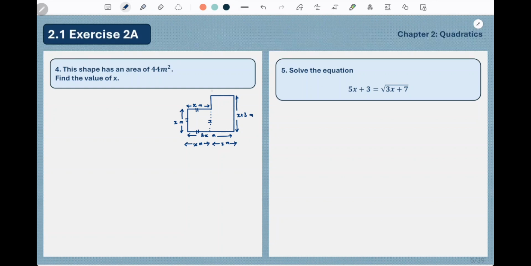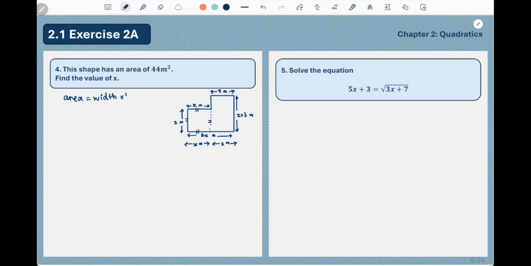So this one specifically is going to be x and x plus 3 for the rectangle, and for the square, all the sides are going to be x. So let's treat these x's like we have numbers. If we want to find the area of a square, we would have the width times the length, like for any shape.